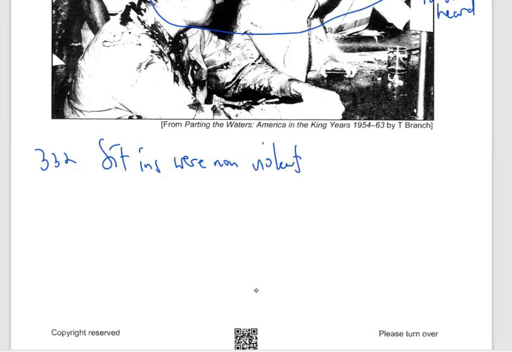They would not fight back because they were engaging in a non-violent protest. Their idea was a non-violent protest. So basically, they were engaging in non-violent protests.